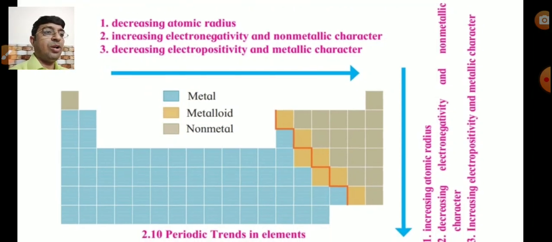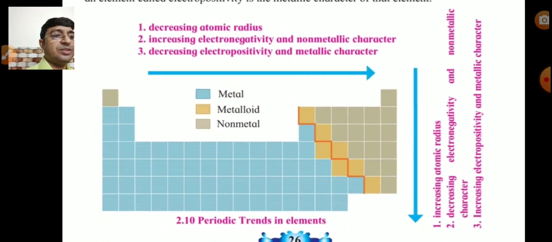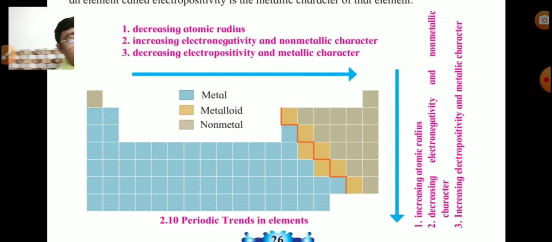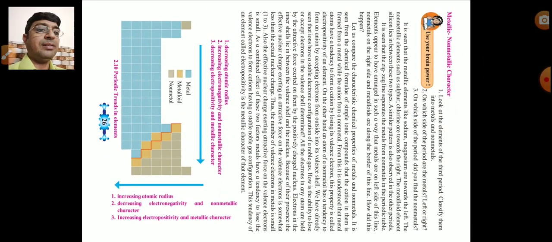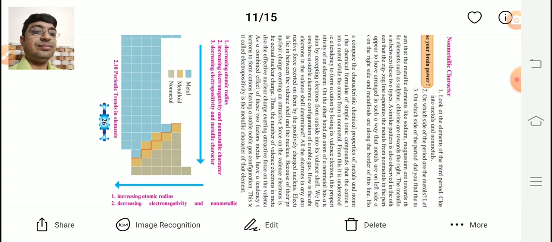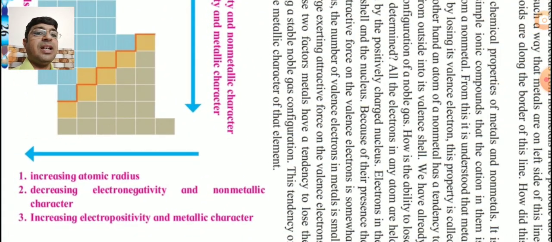And what happened from top to bottom? Check that. First point is given. What is the first point? Turn the paper and check. Increasing atomic radius from top to bottom, decreasing electronegativity and non-metallic character.